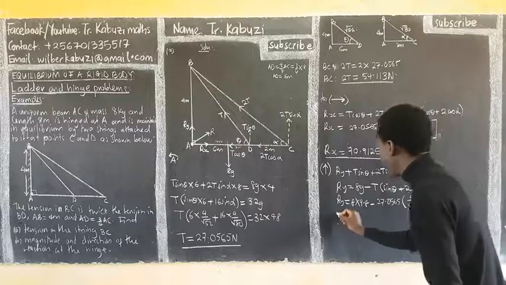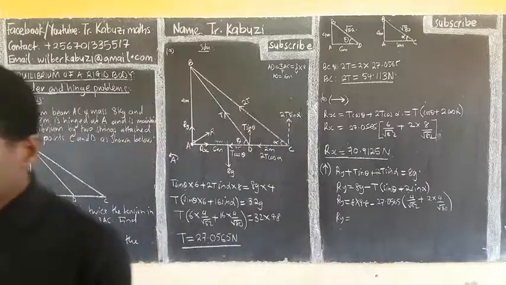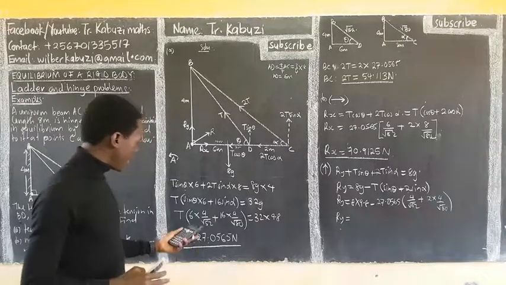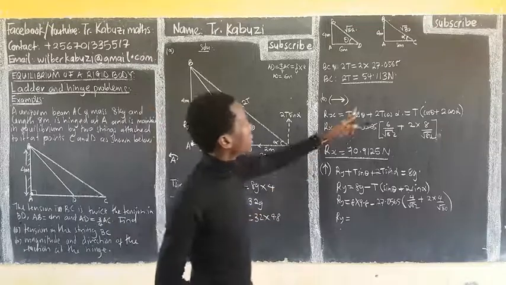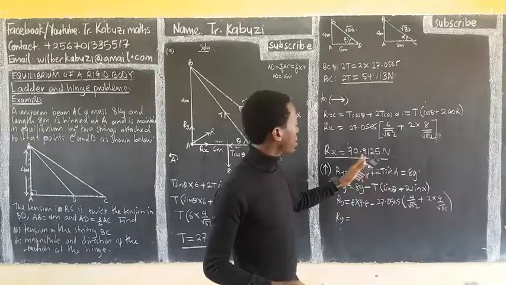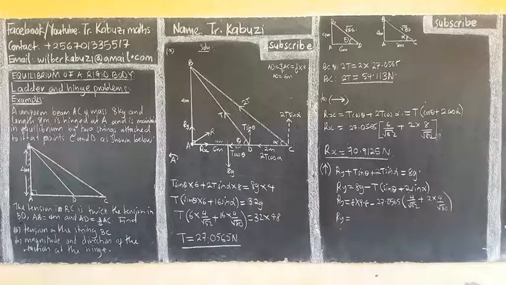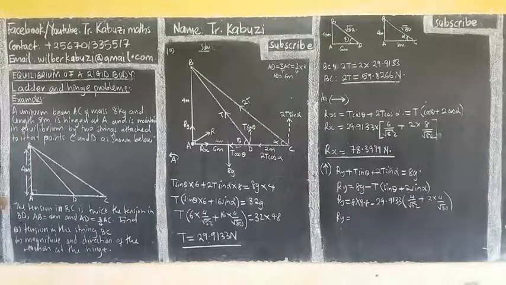And so from there, my Ry is going to be, okay, before that, members, I think I mispressed the calculator, so let me correct this, and also correct this. Okay, that's the answer I'm getting on Ry.